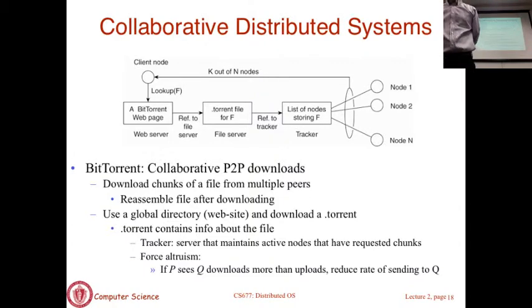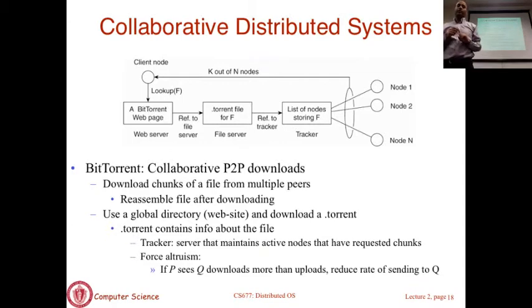Okay, the tracker is essentially keeping a table of all the nodes that have this content. So the torrent is going to tell your client this is the tracker, and the tracker has a list of nodes. Once you have figured out what nodes are currently active in the system, they are up and they have a copy, okay? You can then connect to those nodes and start downloading the content.